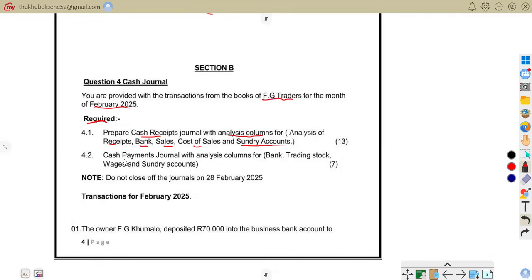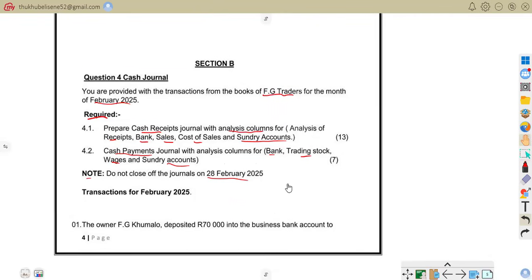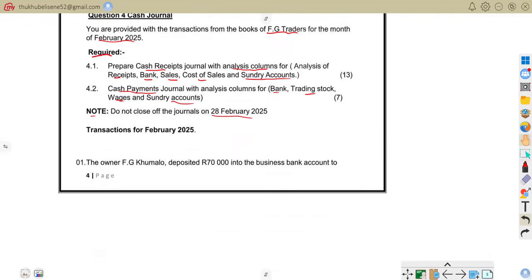Also, what we are expected to do is a cash payment journal with analysis columns: bank, trading stock, wages, as well as sundry accounts. So we are also told to not close the journals on the 28th February 2025. So here are our transactions.